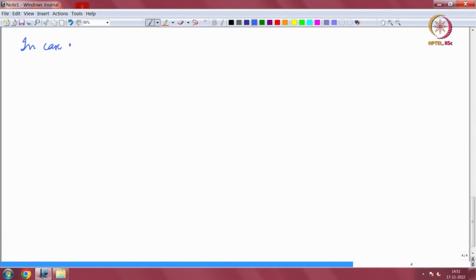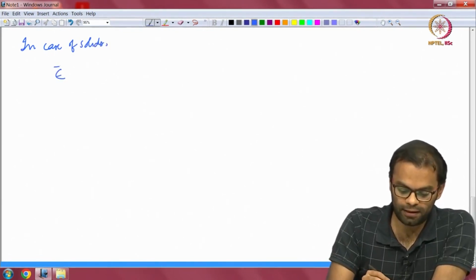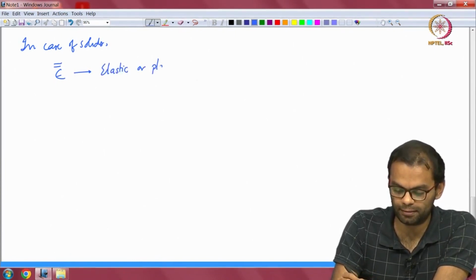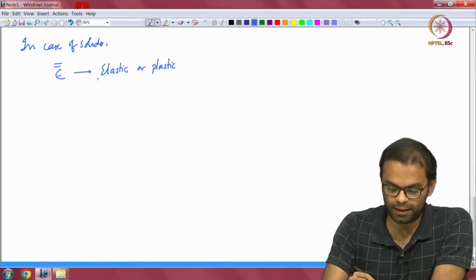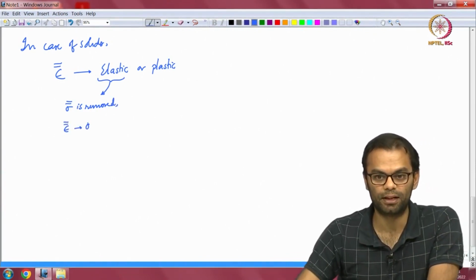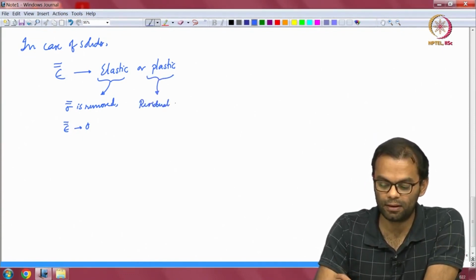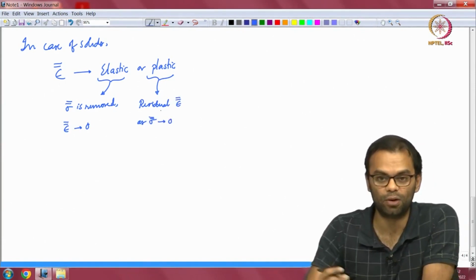So in case of solids, the strain itself can be either an elastic strain or a plastic strain, okay. So this means that when the sigma is removed, this guy also comes back to 0, okay. That is what an elastic strain is. The plastic strain means that there is some residual epsilon as the applied load goes to 0, right.